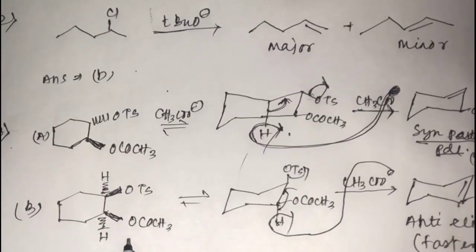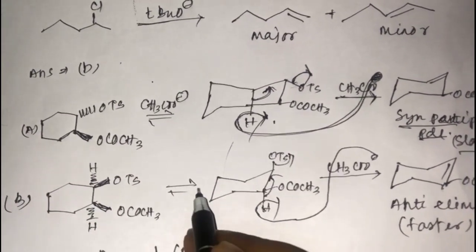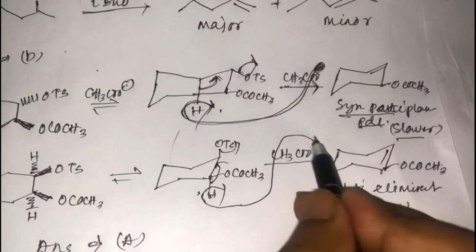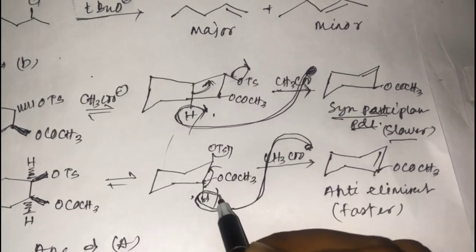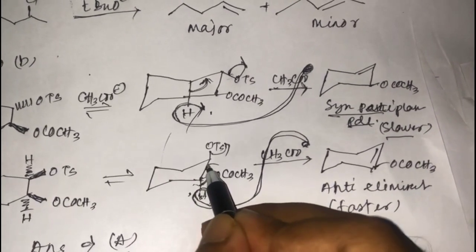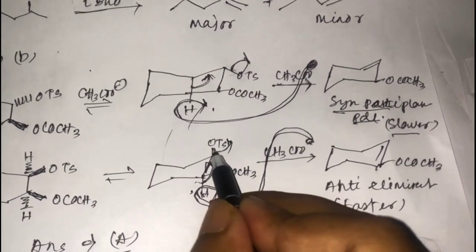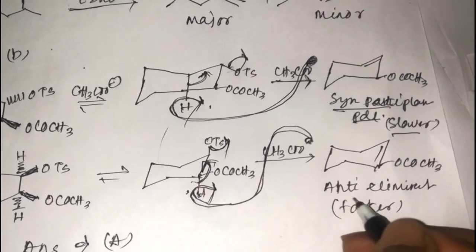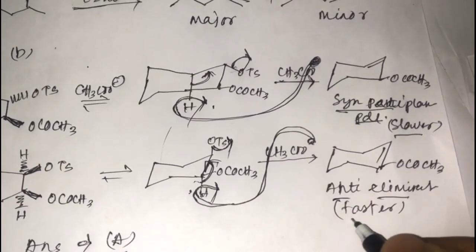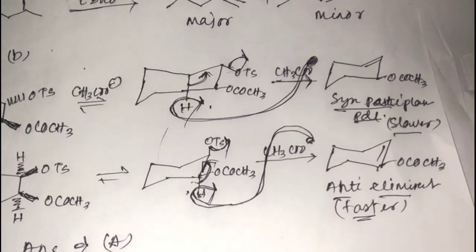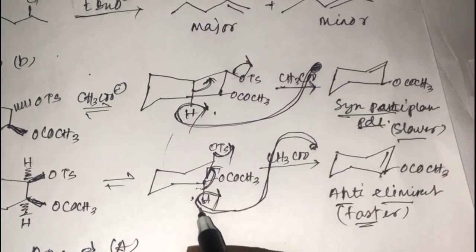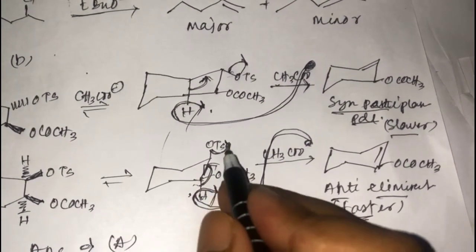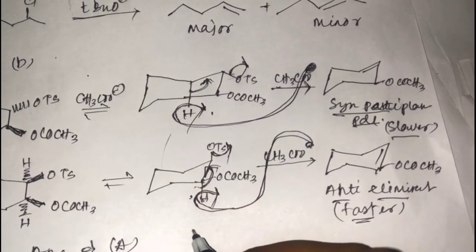So in your second reaction, I am transforming it into this form, and when the acetate ion abstracts this proton, this bond will shift in this direction, and the leaving group will be out here. So the product formed in this process is due to anti-elimination, and this will be a faster process, since the abstracting group and the leaving group are both anti-periplanar to each other.